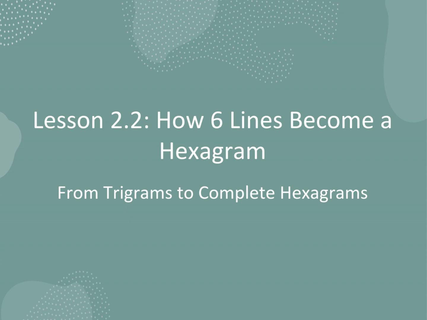Imagine the journey of these lines, each one a piece of a larger puzzle. We start with trigrams, which are groups of three lines. When you stack two of these trigrams together, you get a hexagram, a powerful symbol with deep meaning.